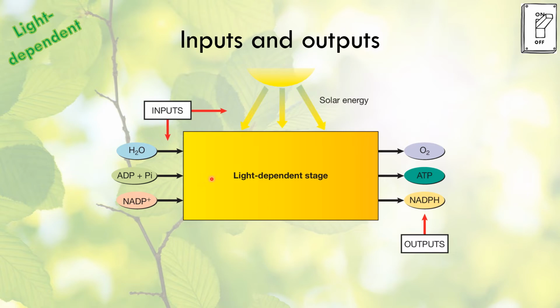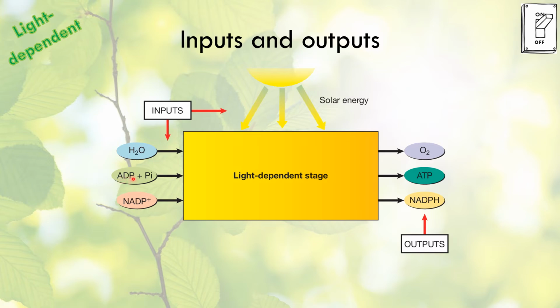Our proton gradient then is able to turn the ADP into ATP. So you can see here we put in water, ADP and NADP plus. The hydrogen ions from here are taken and popped on the end of there to form our loaded NADPH.